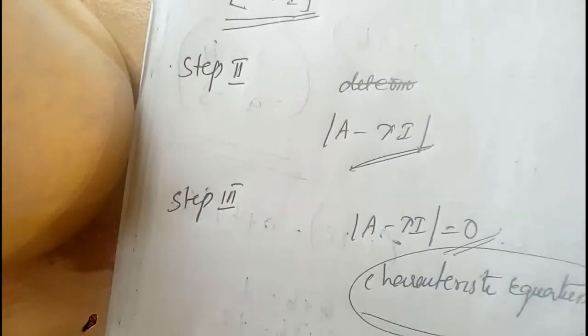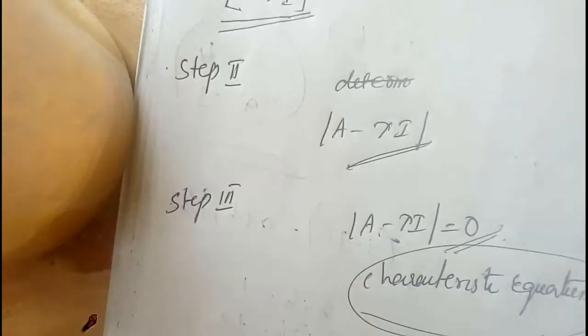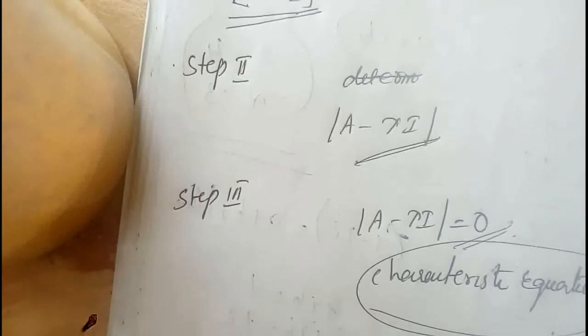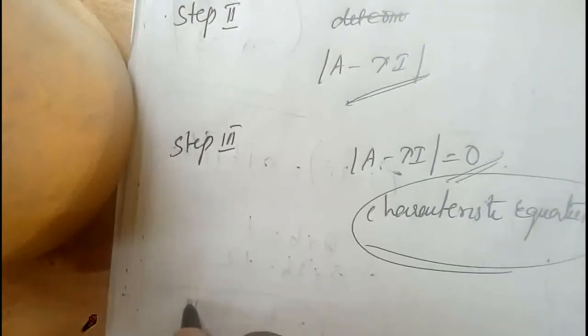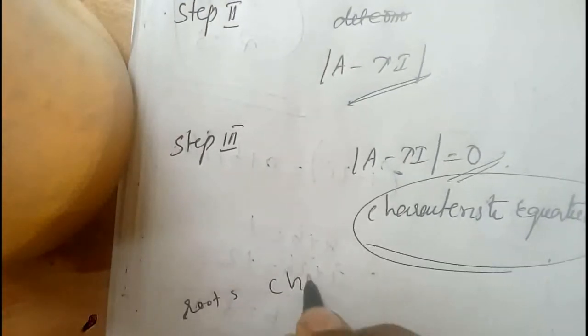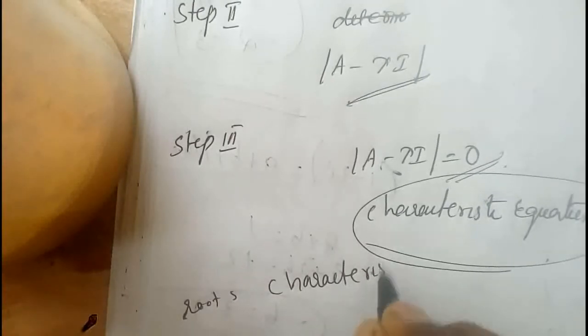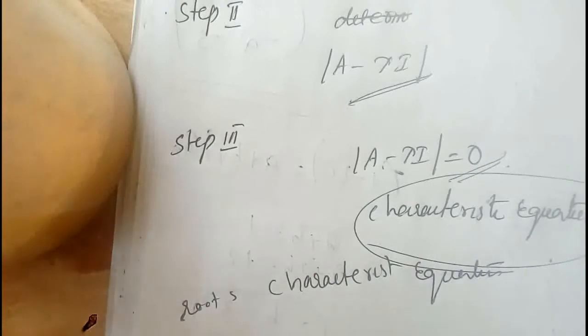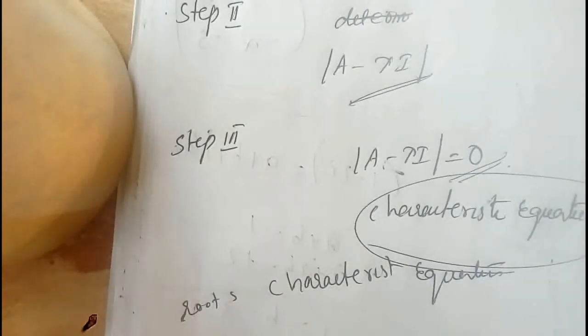We get the characteristic equation. Solving that equation, we get the roots of the characteristic equation. The roots of the characteristic equation are called eigenvalues.